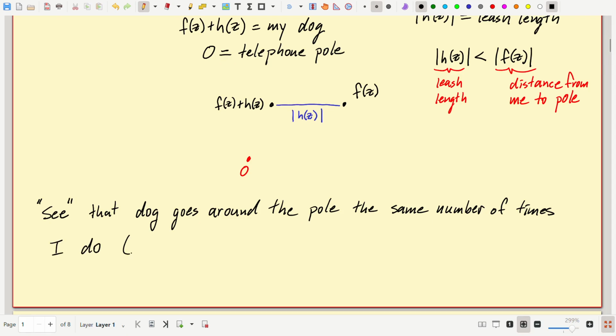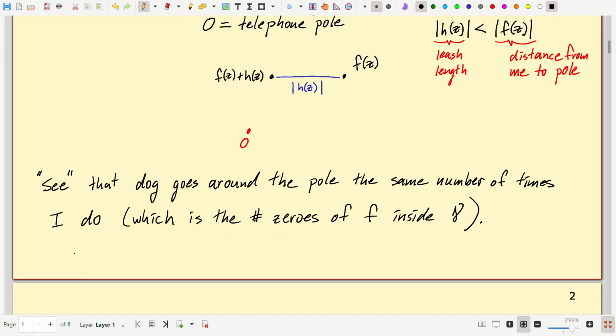And that is the number of zeros of f inside the path. And of course, f plus h would have the same number of zeros. So, what did I say? F plus h has the same number of zeros by the argument principle that I demonstrated last time.